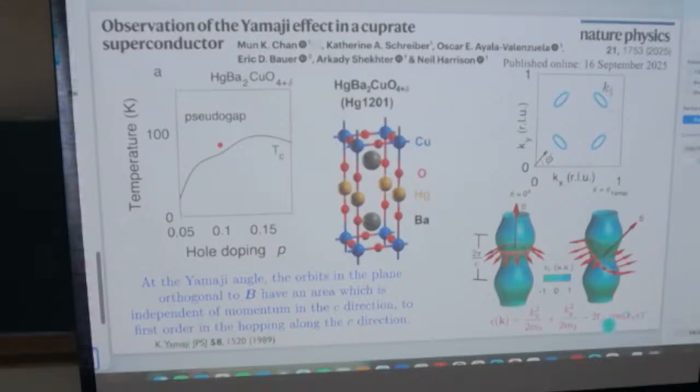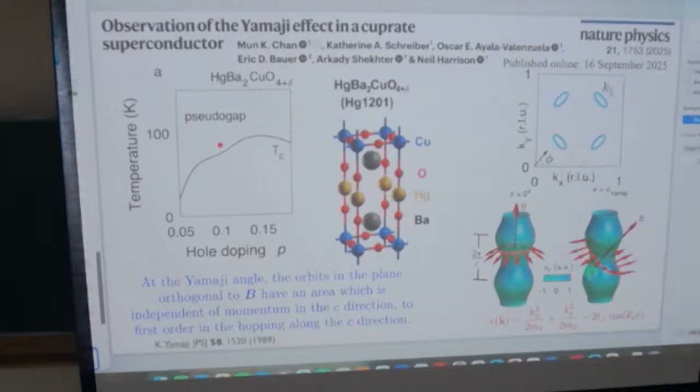So for this cosine dispersion, there's something called the Yamaji angle. And what is the Yamaji angle? Well, if you put the field at some strange angle like that, the electron orbit will be orthogonal to it. And various properties of the electron orbit will determine the period or the area enclosed by this orbit.